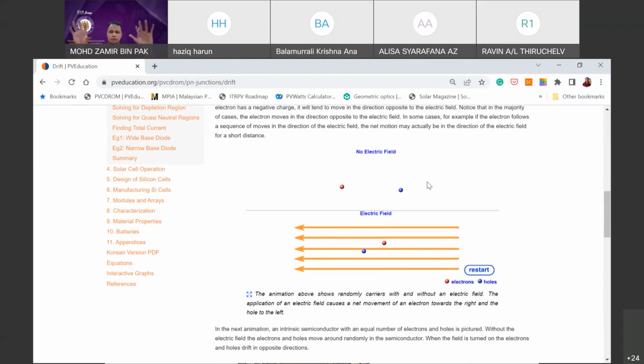The movement is only about a position, right? There's no net motion. But for the case with electric field, it's still moving about pretty much the same location, but it's moving in one specific direction. Look again at the second case. Let's just restart.